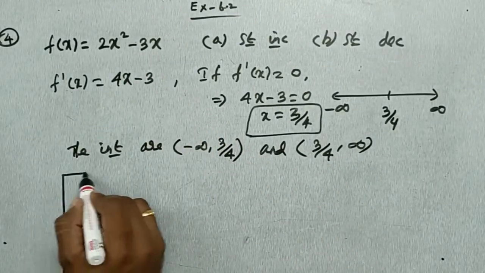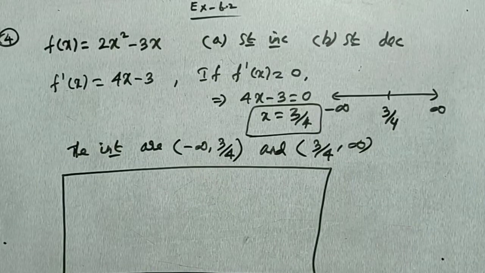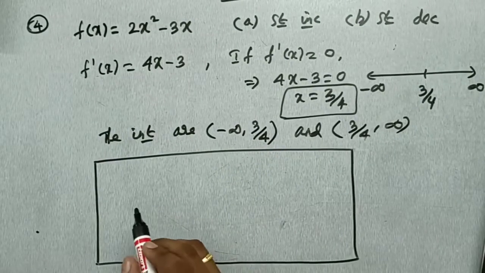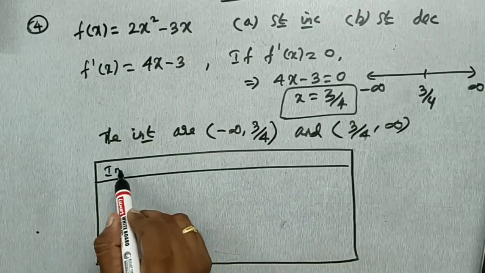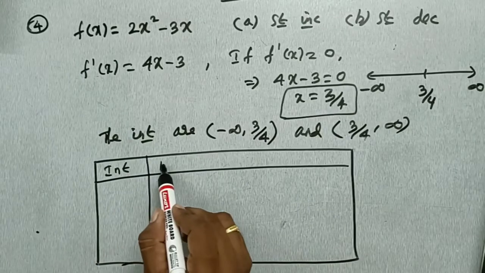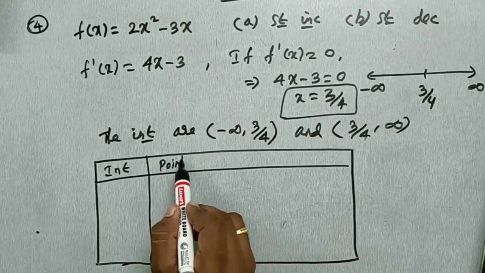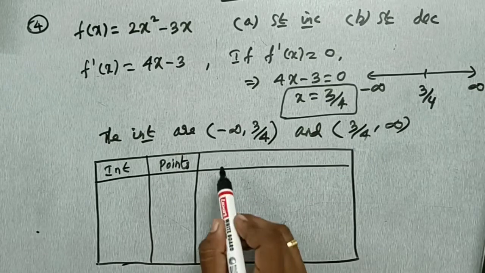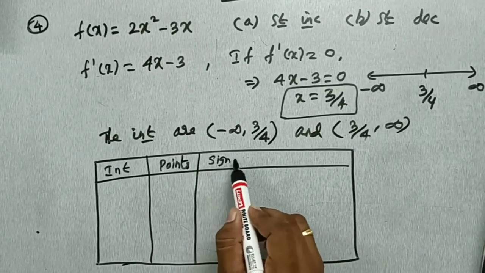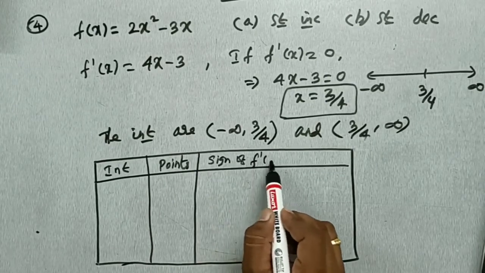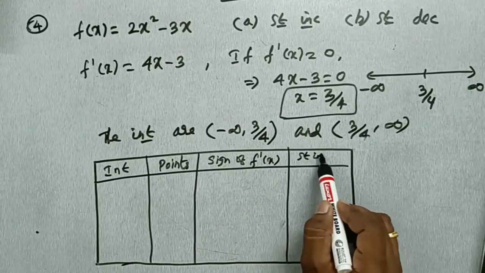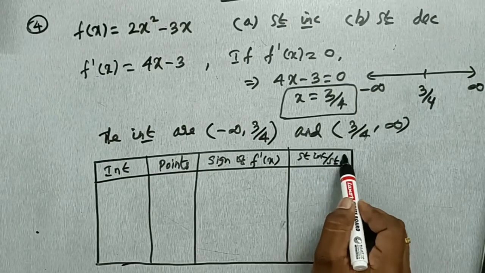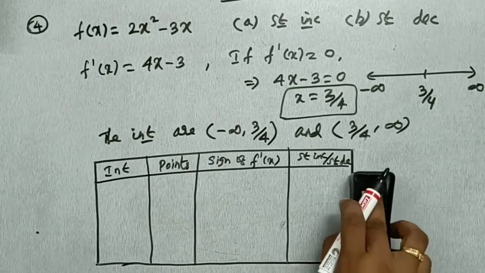Now we will draw the table. From the table we can identify increasing or decreasing. The first column will be intervals, the second column will be the point, the third column will be the sign of f dash of x, and the fourth column will be strictly increasing or strictly decreasing.